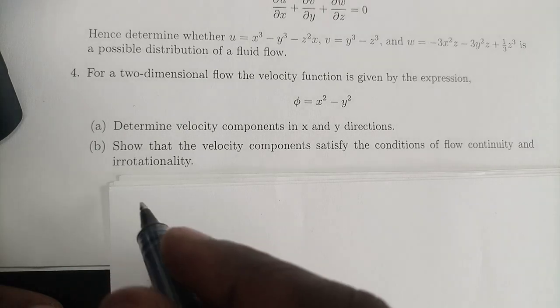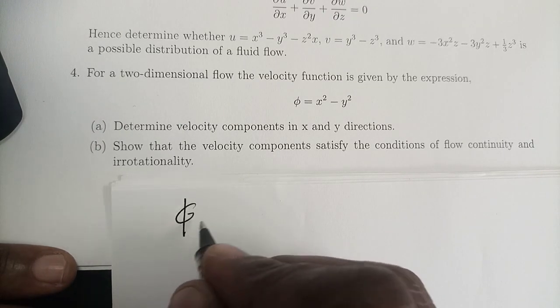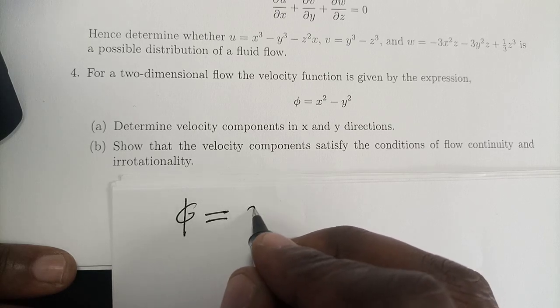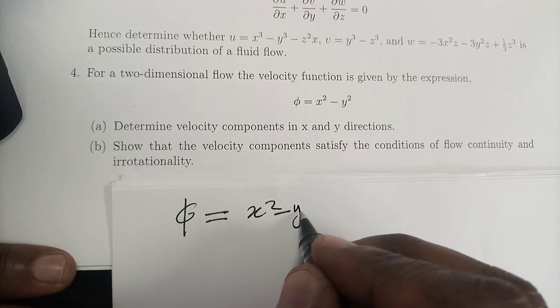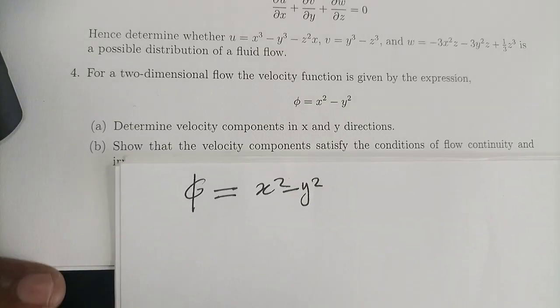So, the first given velocity potential function is x squared minus y squared. And then they're asking us to find the velocity components.